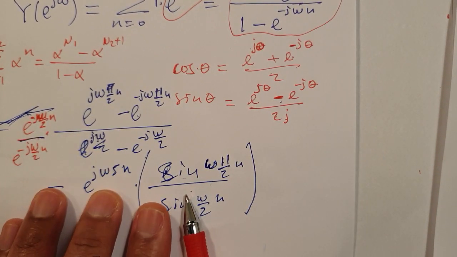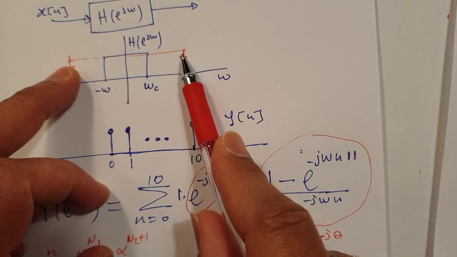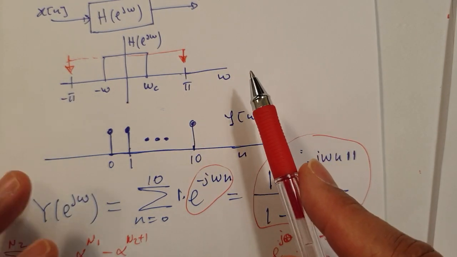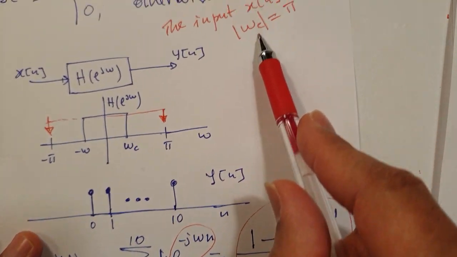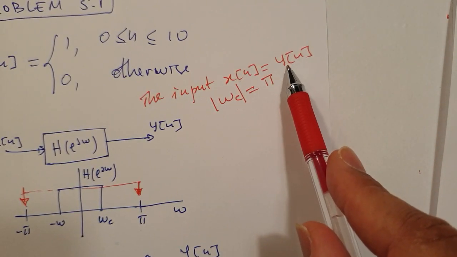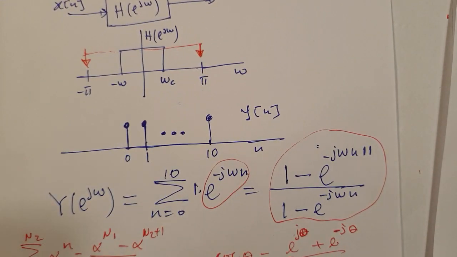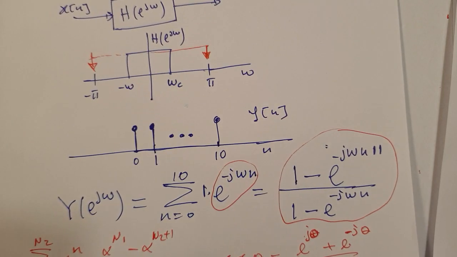Okay, and if you expand to make it full all pass, then the only possibility is that the input signal must be equal to the output that you see there. So that's the answer to the question. I gave it away to you here, but it's your job to put it together.